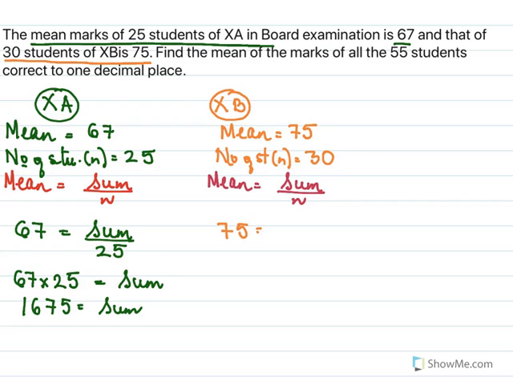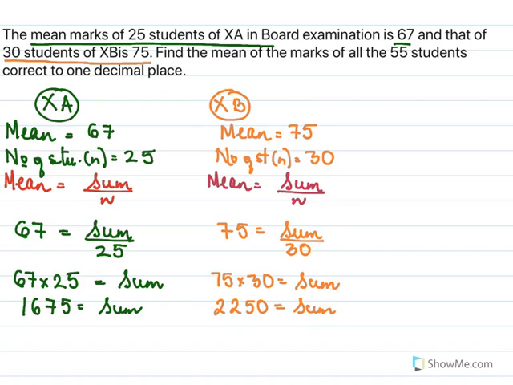We don't know the sum, so we write here sum, number of observations 30. So 75 into 30 equal to sum of class B, which is 2250 is the sum of class B.